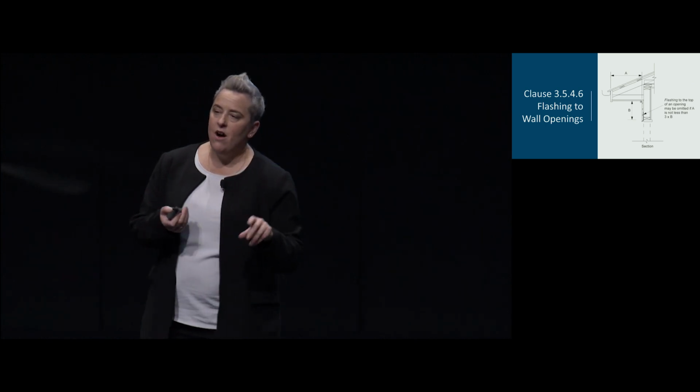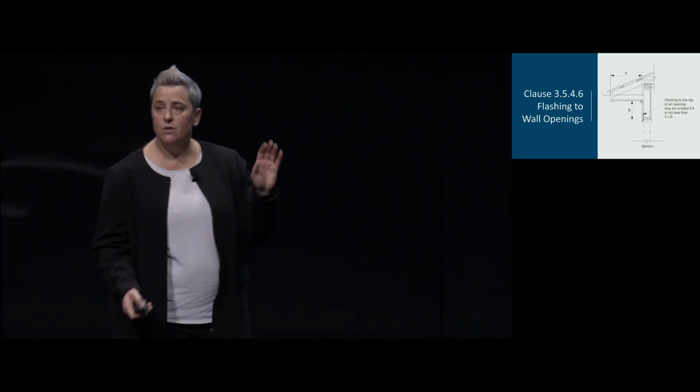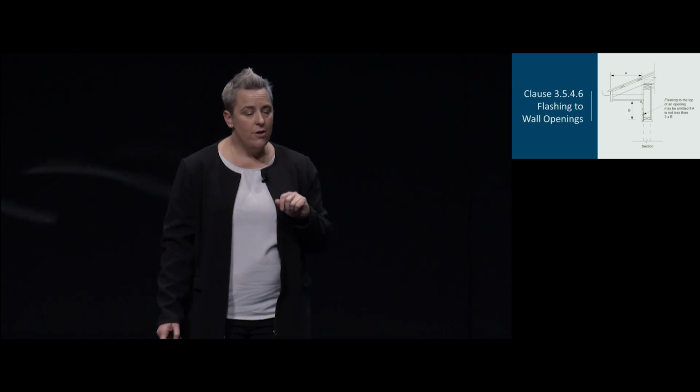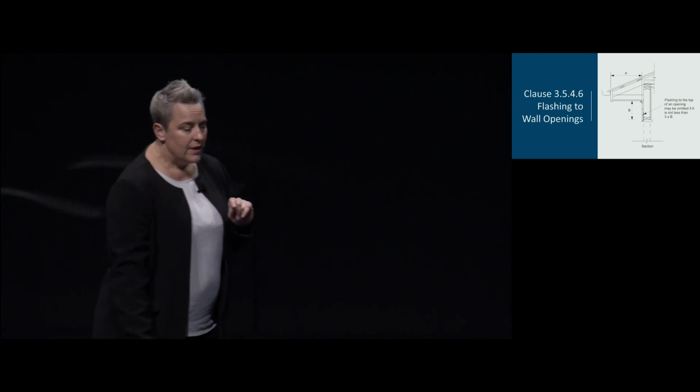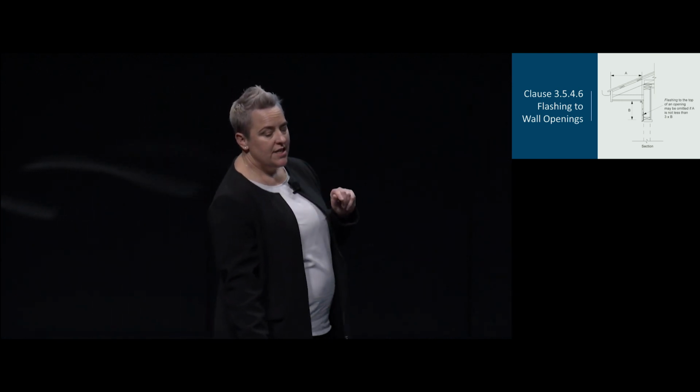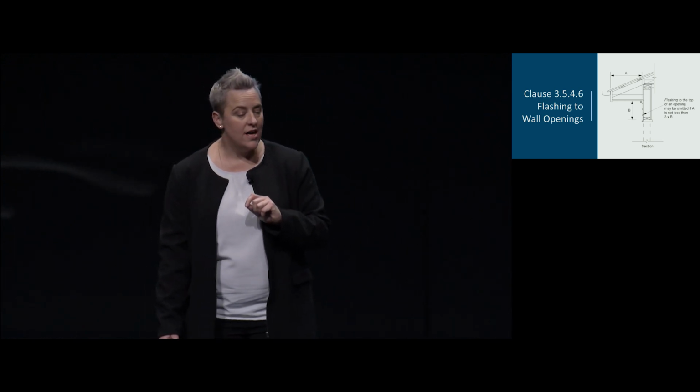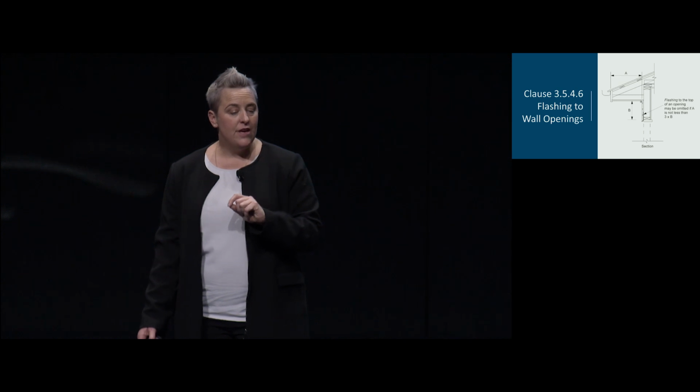So it now clarifies that flashing is to be provided to the bottom, top and sides of openings. However, head flashing can be omitted in certain circumstances. So the head flashing may be omitted if it is protected by the eave with a width of more than 3 times the height of the cladding above the opening, as per the figure up on the screen.